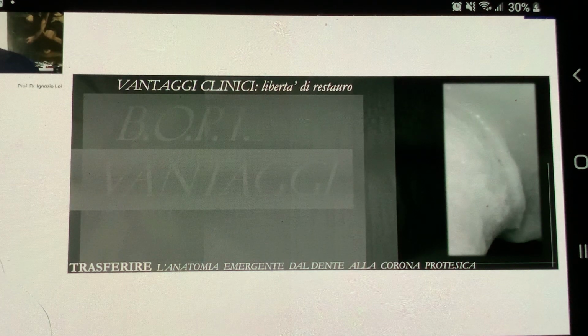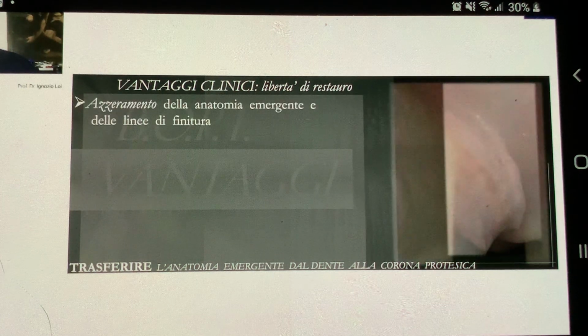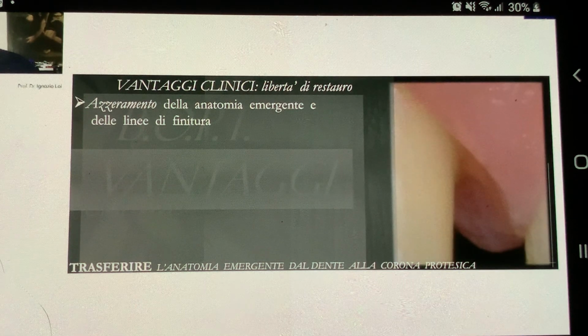What are the benefits of the technique? We should distinguish from clinic and biologic benefits. One of the clinical benefits is the freedom in restoration, so the possibility to go, as you see here, from the finish line and the thickness we treated with the vertical preparation. So this changes the possibilities to interact through the vertical wall.